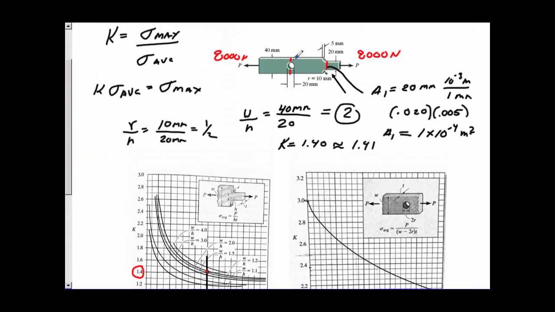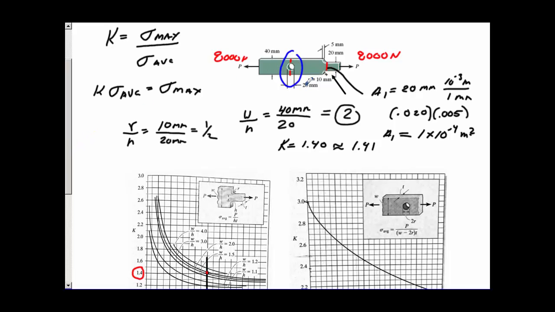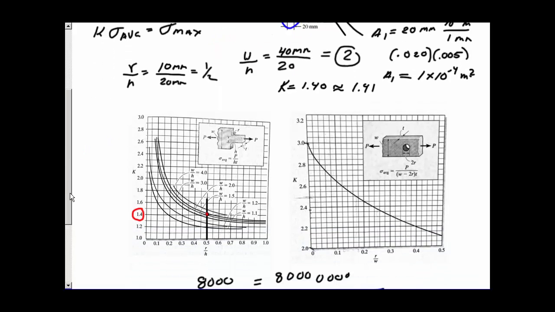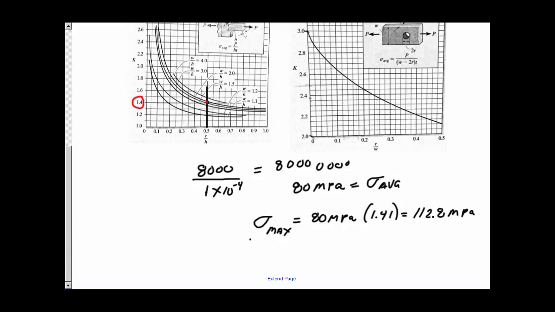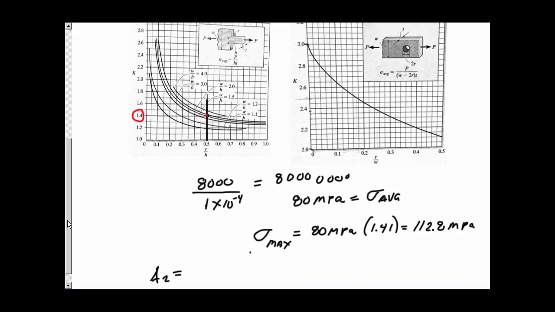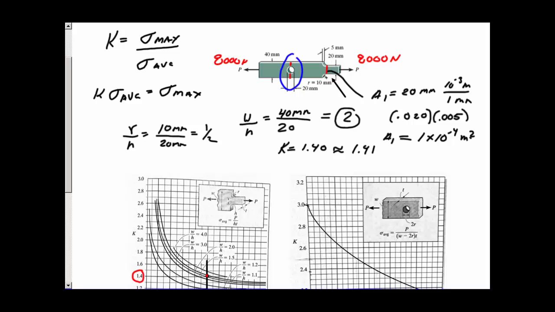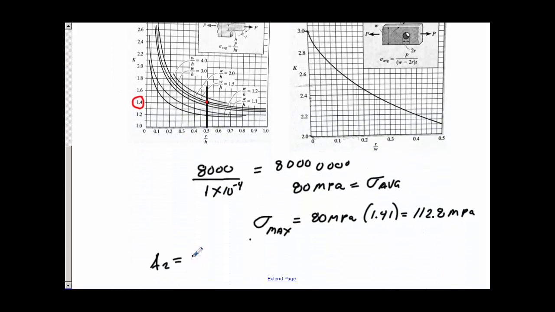Now you want to come back and look at this cross section right through here. Again, find the area of that. So we have a hole cut out. The hole has 20. So we'll call that A2. A2 is going to equal the width of that, which is 40 minus 20, again in millimeters. So we'll multiply that times 10 to the minus 3 meters over 1 millimeter.